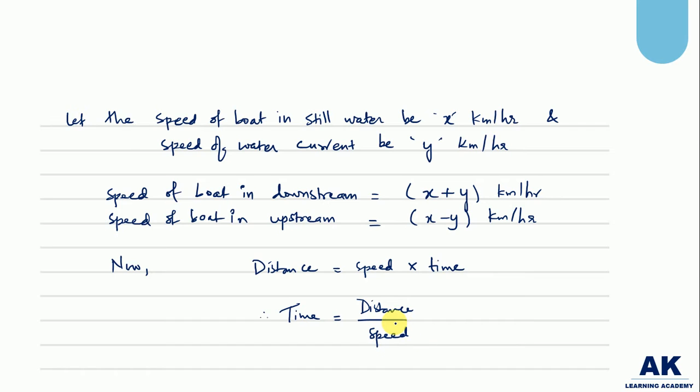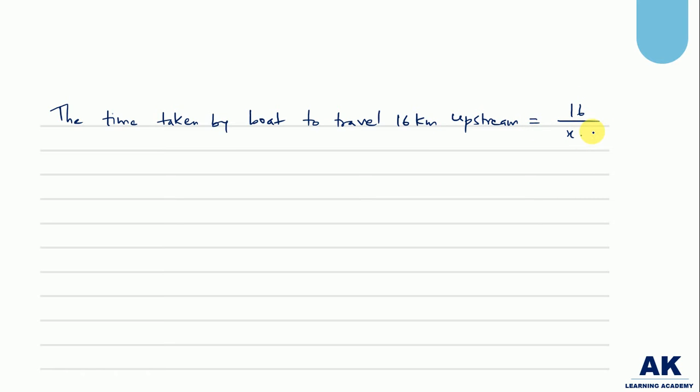Now, the time taken by the boat to travel 16 kilometer upstream is 16 upon x minus y hours.